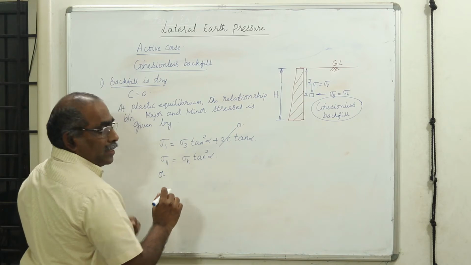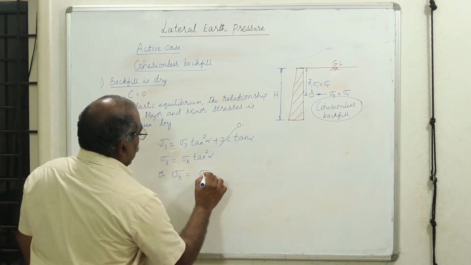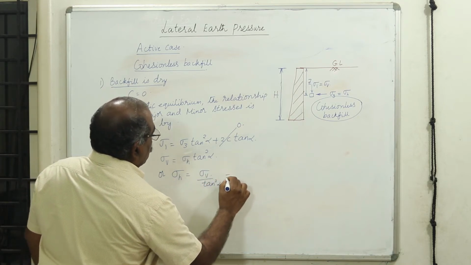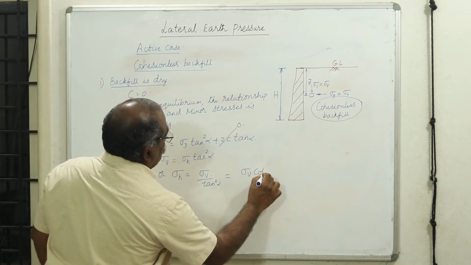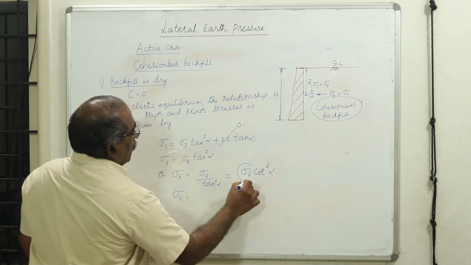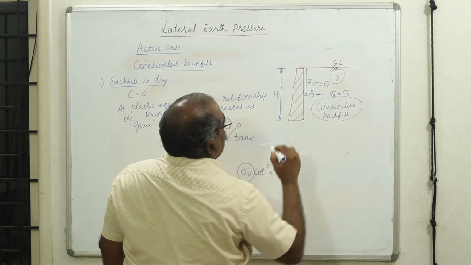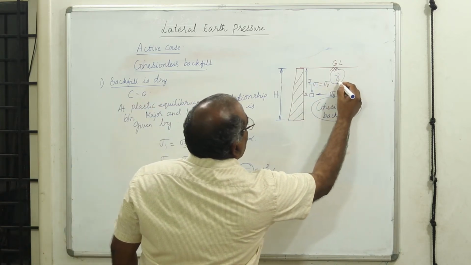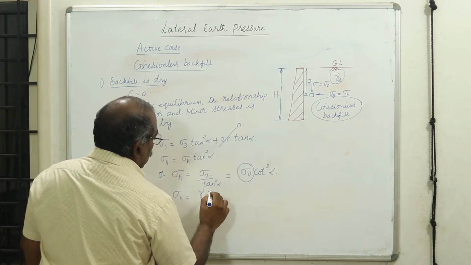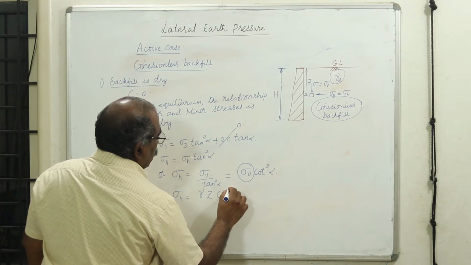I am interested in sigma h, therefore sigma h is equal to sigma v divided by tan square alpha, which is equal to sigma v into cot square alpha. What is sigma v? For a dry material, sigma v is the weight of the soil, gamma into z, so we get gamma z cot square alpha.